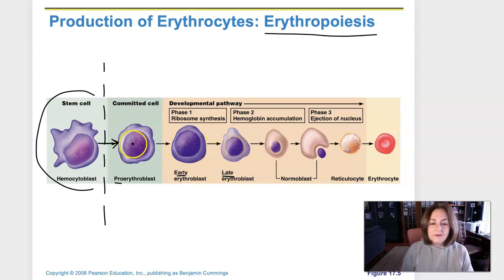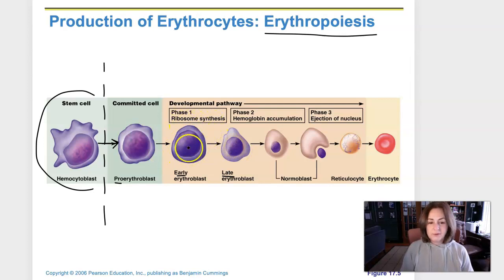Now, erythropoiesis, this production of the red blood cells, occurs inside of the bone marrow. So we never see the cell circulating around with the nucleus. Jumping ahead, we can see how the nucleus is going to be ejected from the cell prior to the cell leaving the bone marrow. So the cell is going to transform from an erythroblast, where we make the hemoglobin.